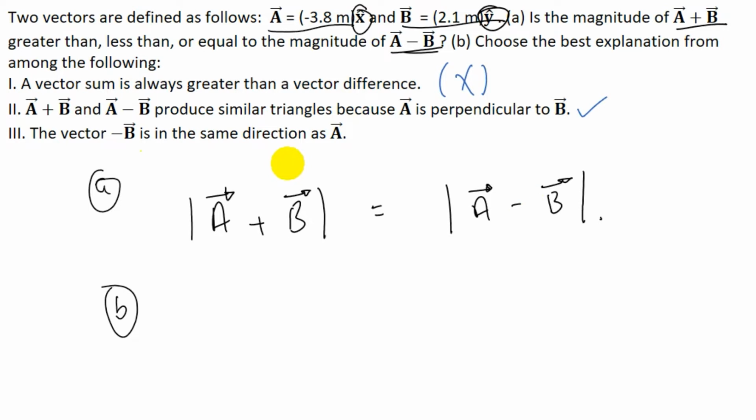Now let's read the third statement also. The third statement says that the vector minus B is in the same direction as A vector. So this is also wrong, because minus B is in the negative y direction and A is in the negative x direction. This is also wrong. So this should be the correct answer.